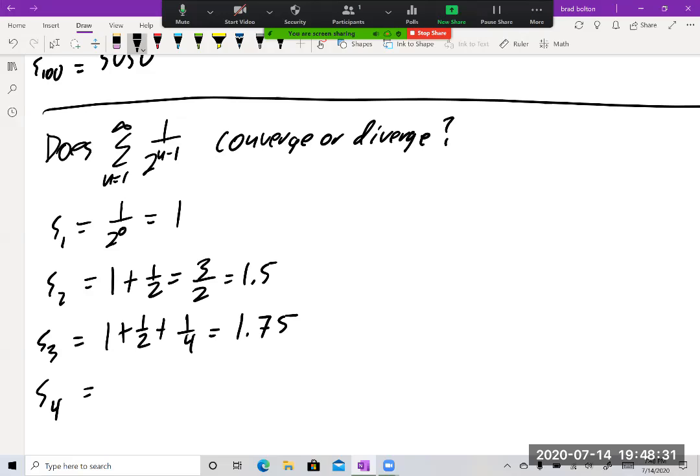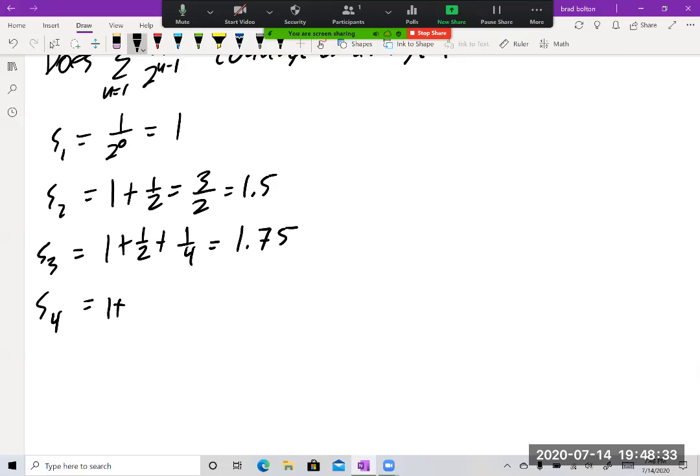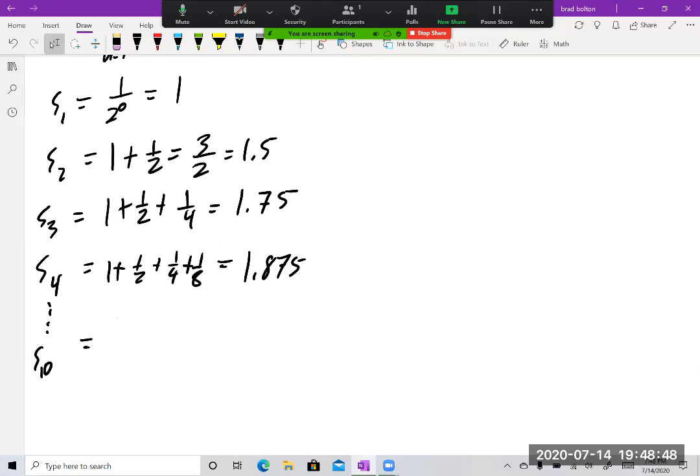S sub 4, we're doing the same thing as before, 1 plus 1/2 plus 1/4 plus 1/8 equals 1.875. And then this one, you just trust me on, I plug this in and I would get 1.998046875. Okay.